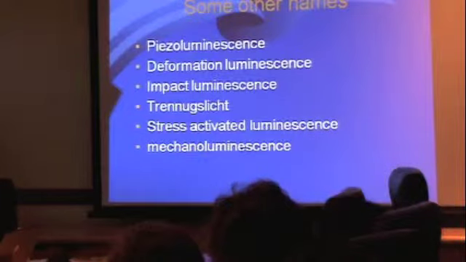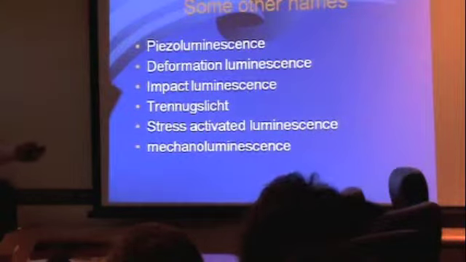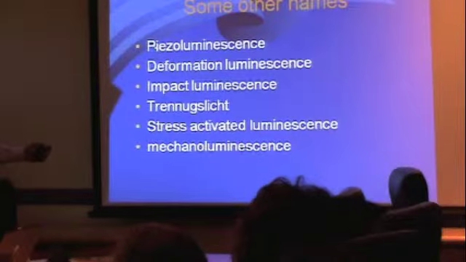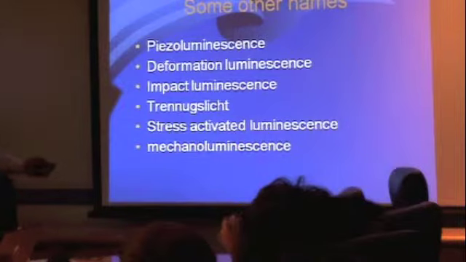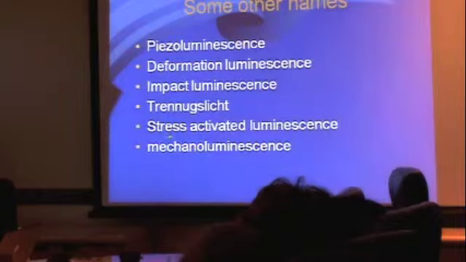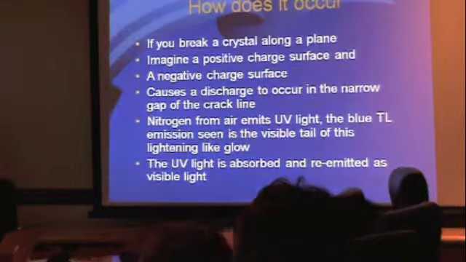Other names of this phenomenon are piezoluminescence, where piezo is pressure, so when you press something, light comes out. Then deformation luminescence, impact luminescence, the German word Trennungslicht, stress-activated luminescence, and mechanoluminescence.